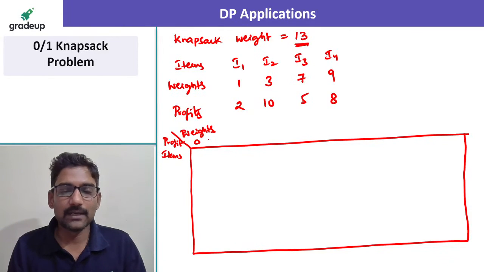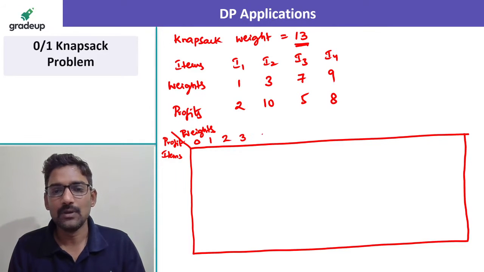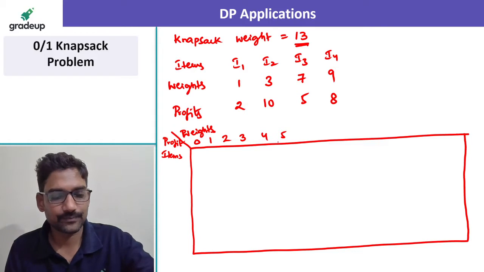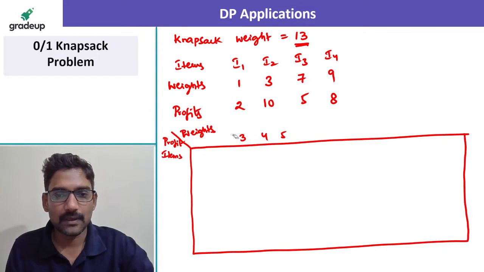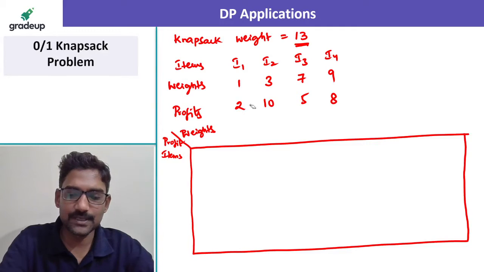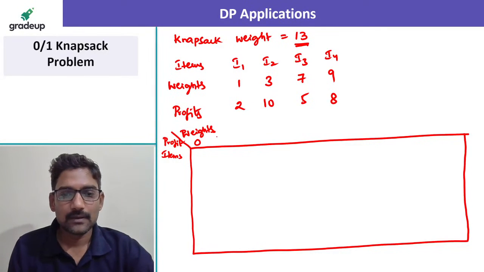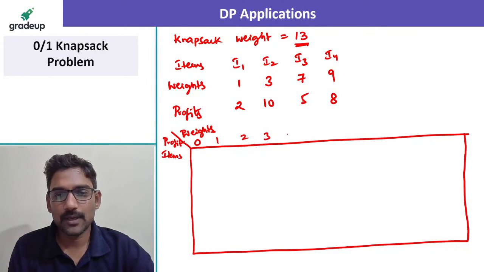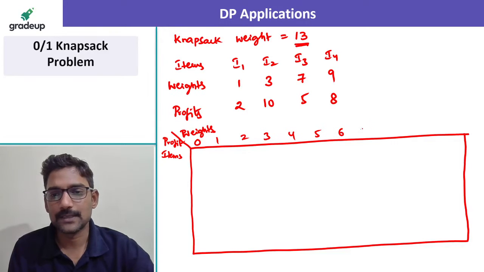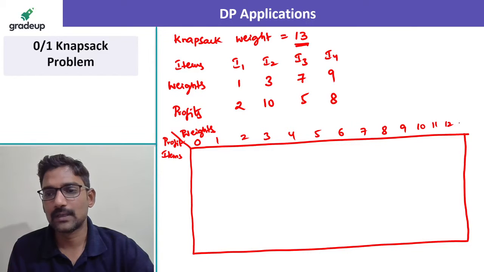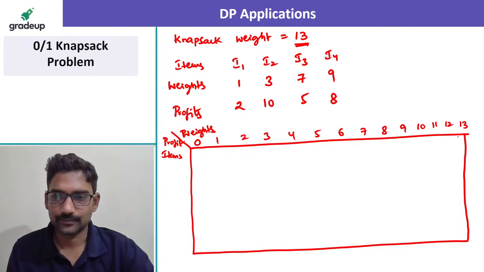So dynamic programming says just divide the weight into individual smallest units: 0, 1, 2, 3, 4, 5, 6, 7, 8, 9, 10, 11, 12, 13.